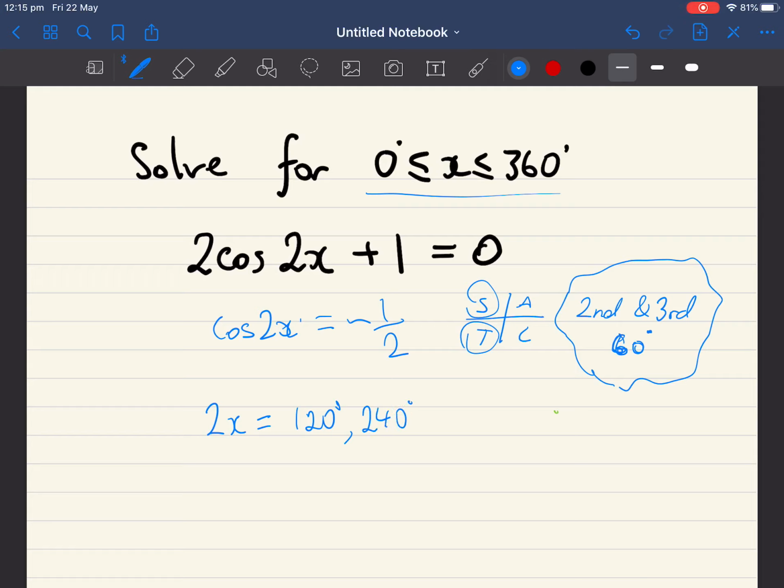All right, so we've got these solutions here. And you may be thinking, we're trying to solve for x. We haven't got x, we've got 2x, right? So this is simple. We just have to divide by 2. And that is exactly what we do. 120 will become 60 degrees. The 240 will end up becoming 120 degrees, right?